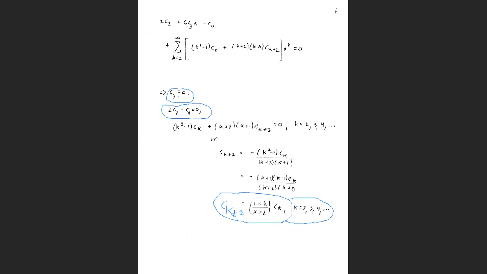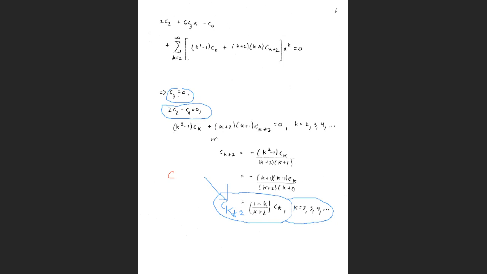So for this iterative formula, what's the lowest C value that you can find something about? C4.